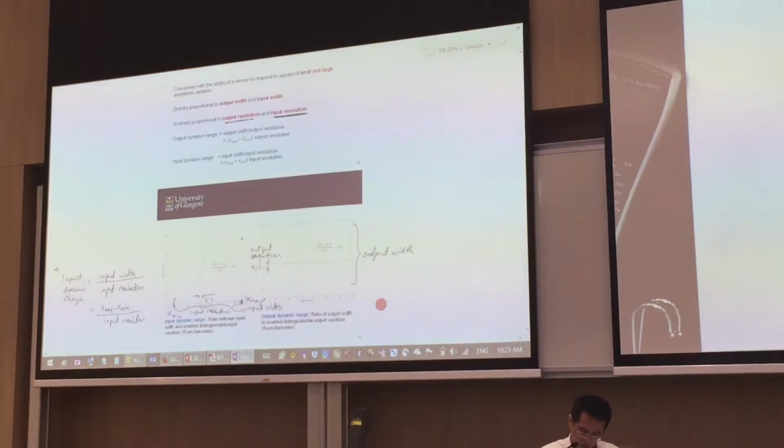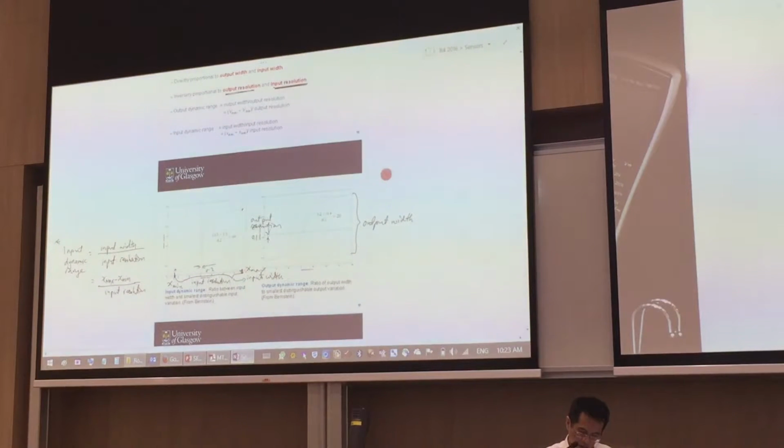So the same goes for the other one. If you are looking at output dynamic range, that's equal to your output width divided by output resolution.